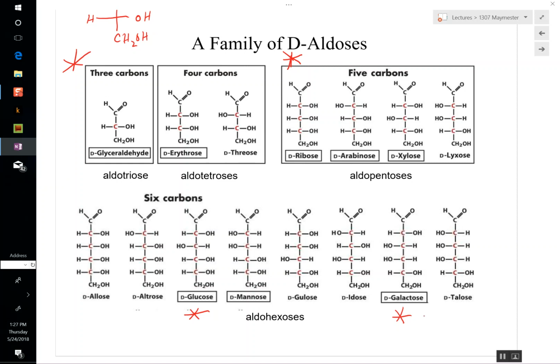Glyceraldehyde, ribose, glucose, galactose, and then the other one is not an aldose. See, these are all aldoses. Fructose is a ketose. So if you want to write down here, also memorize fructose. And I think that's it. There are 5 monosaccharides.